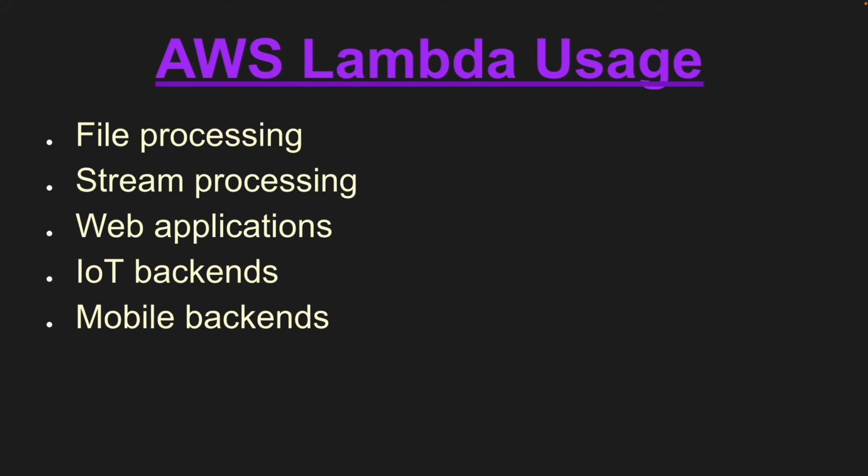Build serverless backends using Lambda function to handle web, mobile, IoT, and third-party API requests. Finally, the mobile backend. Of course, build a backend using Lambda and the AWS API Gateway to authenticate and process API requests. This uses AWS Amplify to easily integrate with your iOS, Android, web, or React Native front end.